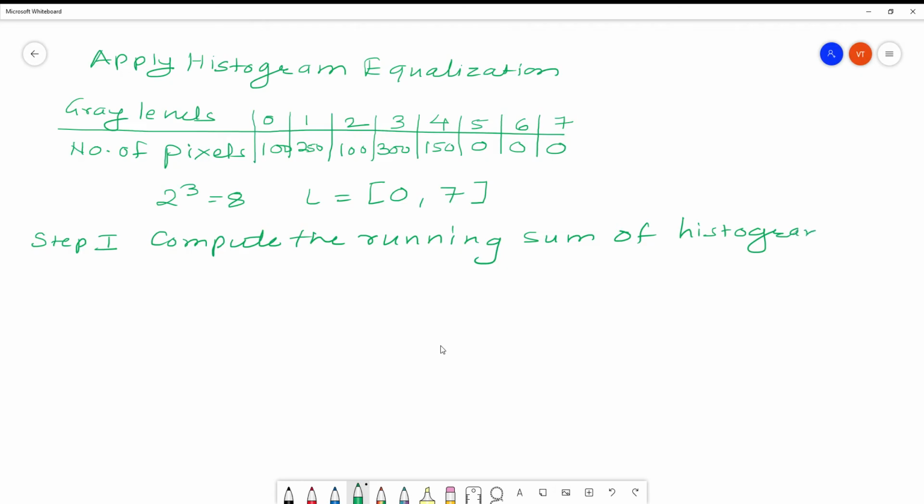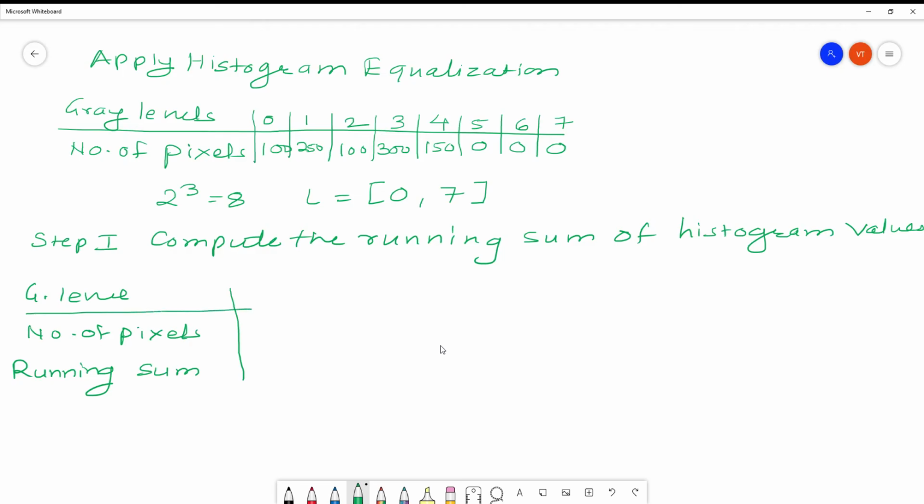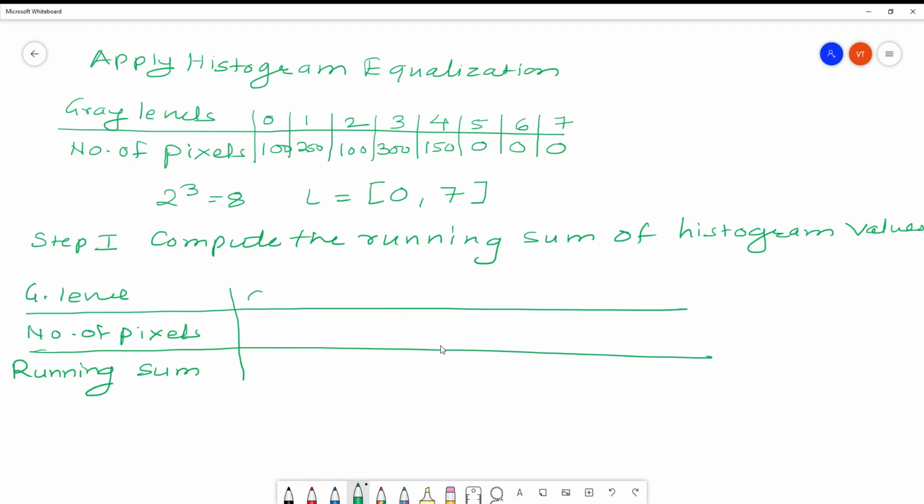We'll take these gray level values and this number of pixels, and then the running sum. We'll do it for all the gray level values.